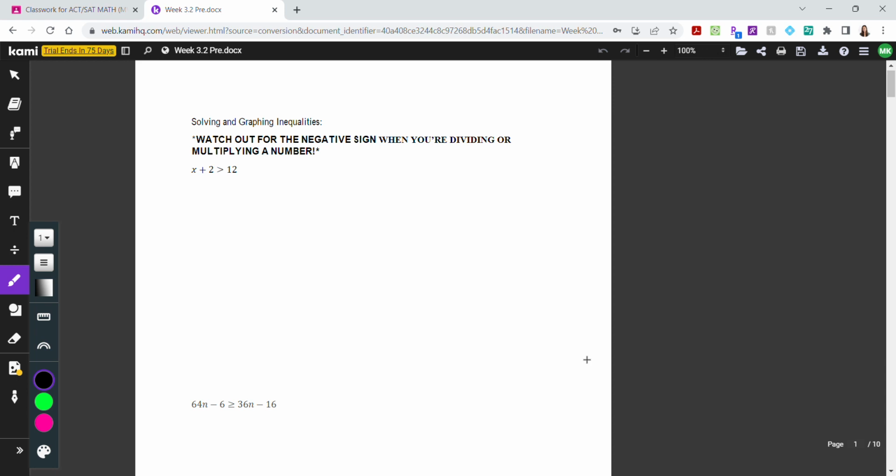So I'm going to remind you from the very beginning: when you have a negative sign in your number, watch out for it, especially when you are dividing or multiplying a number. And you'll see why in a second as we go through all these practice problems.